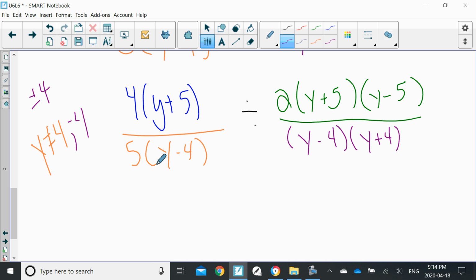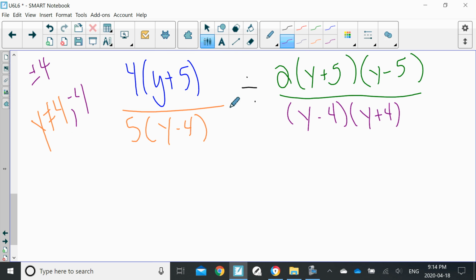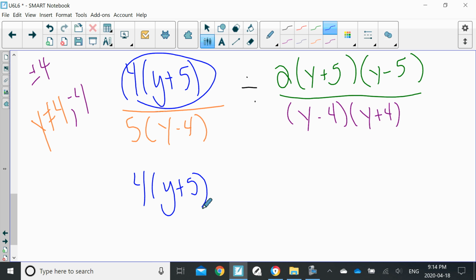Some students think that for non-permissibles they just have to look at the denominators, which is true, but watch what happens now when we change this to multiplication. We know that we don't divide in math, so we change that to a multiplication. When we do, this numerator stays exactly as is, 4 times y plus 5, and the first fraction's denominator stays exactly as is, 5 times y minus 4.